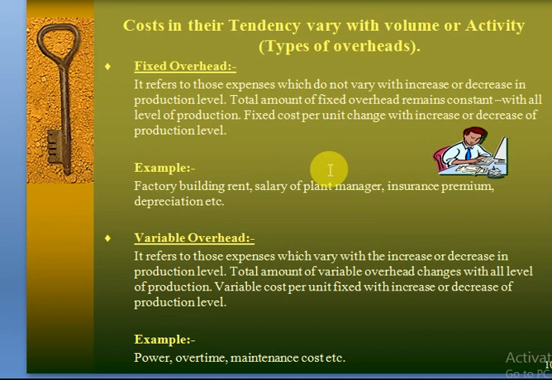Now another topic, types of overhead cost. One is called fixed overhead, second is called variable overhead, and the next is called semi-variable overhead cost. So, dear students, fixed overhead cost, as its name indicates, refers to those expenses which do not vary.